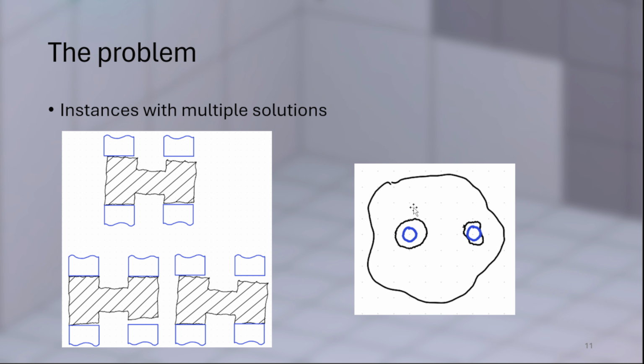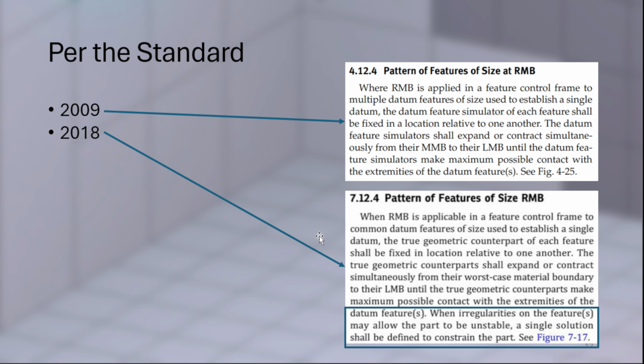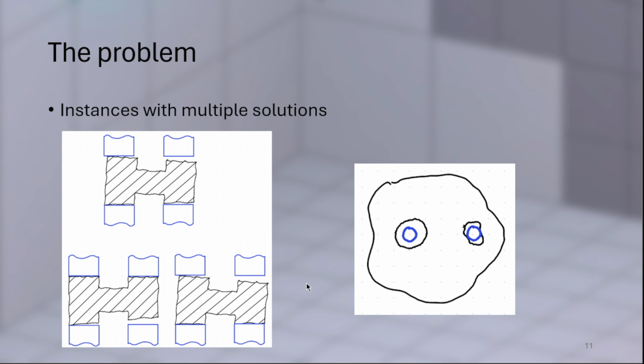So it doesn't really make sense to me that you would push it down, because realistically, if the function of the part was two dowels that just happen to be the perfect distance from each other, but this one was a bit deformed, you would get a centering effect on both of these holes. So maybe it is up to you as the designer to say that, if you get this unstable situation, the second datum feature simulator continues to expand into that hole until it makes maximum contact.